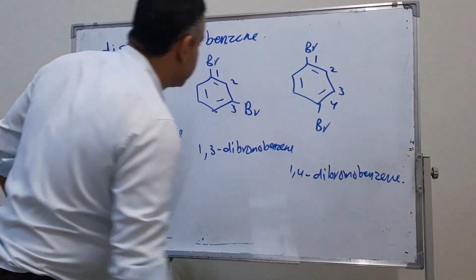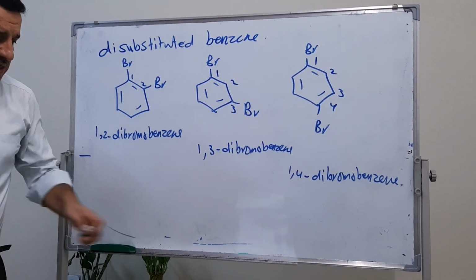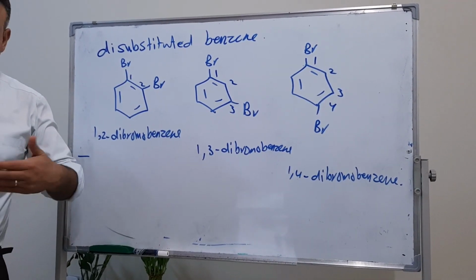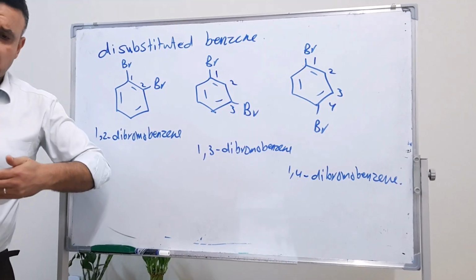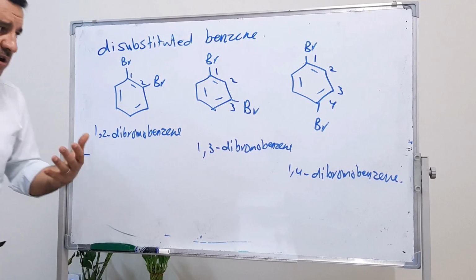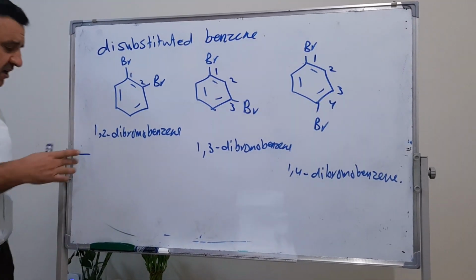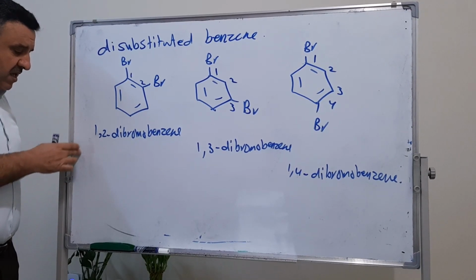Do you follow me? So this is similar to the naming of disubstituted cycloalkanes or cycloalkenes. We just name the two substituents and then simply designate their location on the cyclic system.